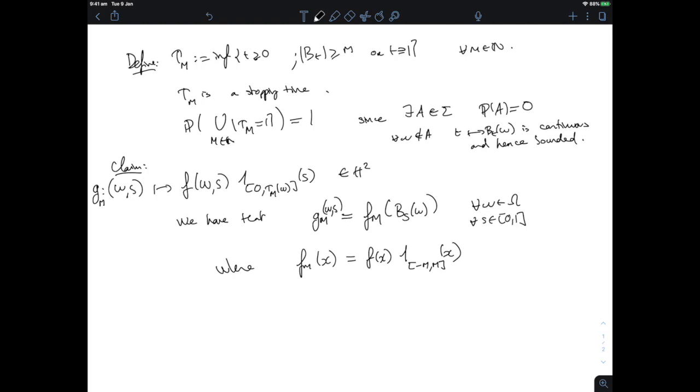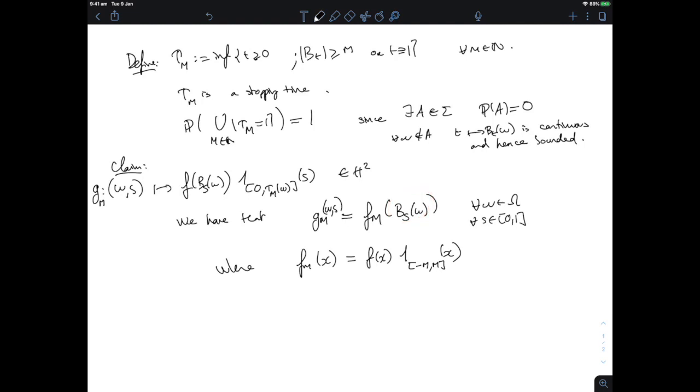Because what do we do if we stop at the stopping time? We replace this process, sorry, my f is actually little f of Bs of omega, by 0 whenever Bs of omega is greater than m. So it's exactly the same thing as taking the function f restricted to those x's that are between minus m and m and plugging in the Brownian.